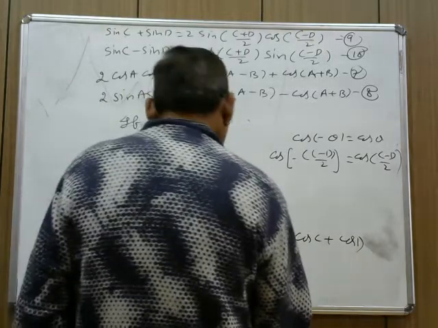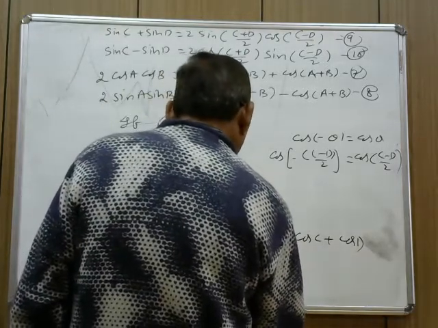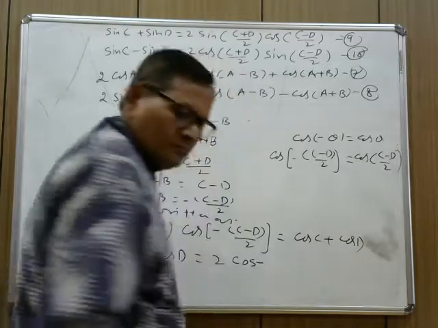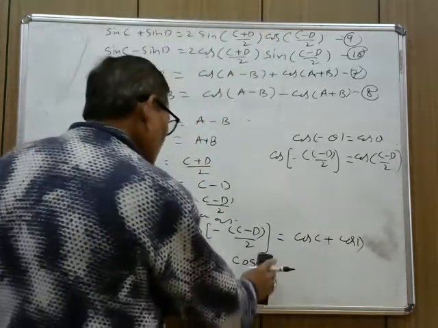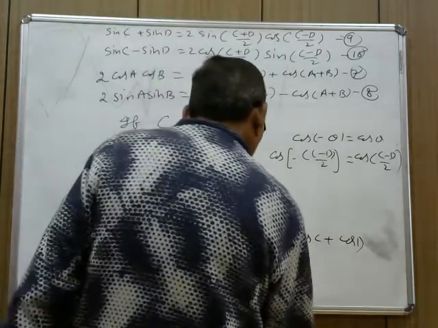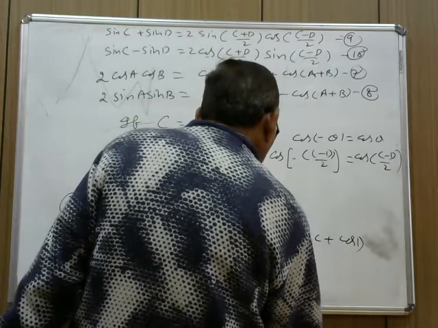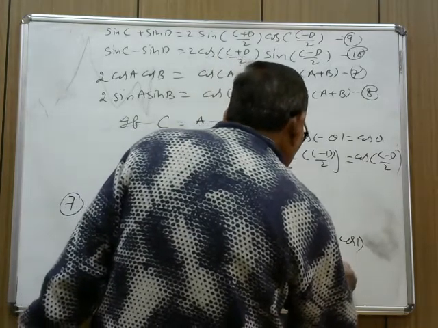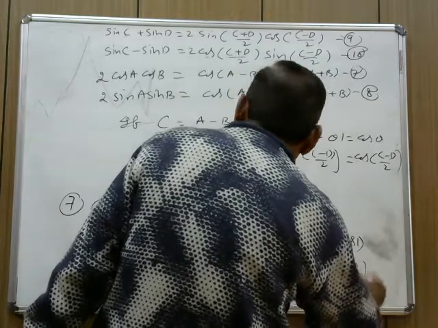So that is 2 cos (C plus D)/2 into cos (C minus D)/2.